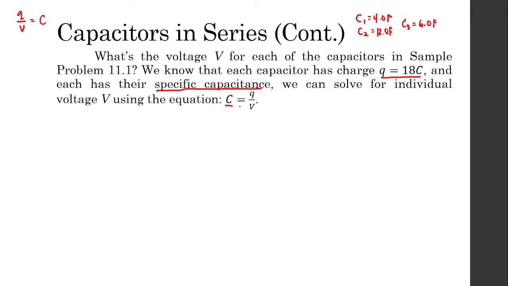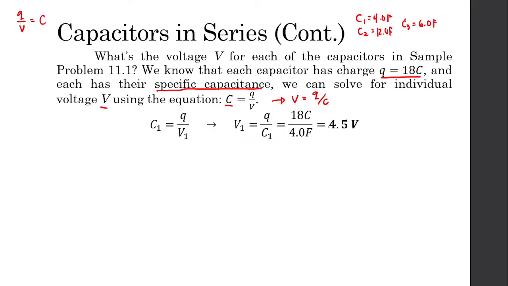So using this equation, we can actually measure for V. What we just have to do is rearrange this equation into voltage is equal to Q divided by C. So the individual voltage for each of the capacitors uses Q, not Q1, because they all have the same value of Q. Rearranging, V1 is equal to Q over C1.